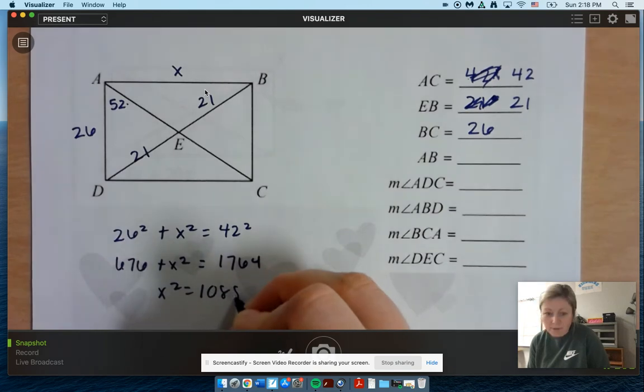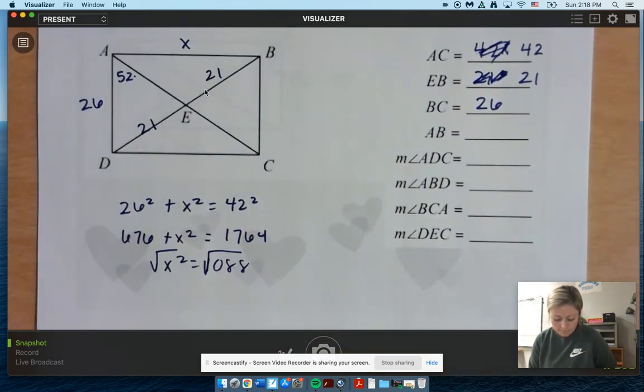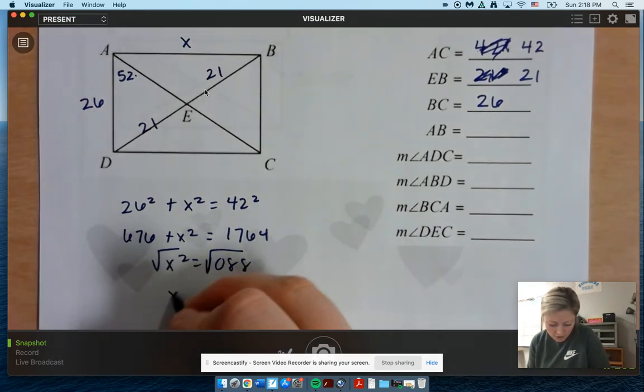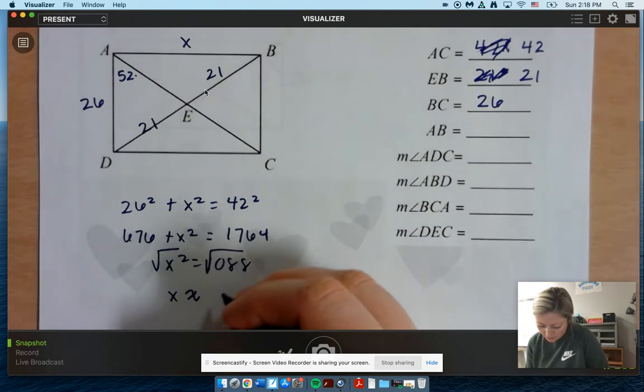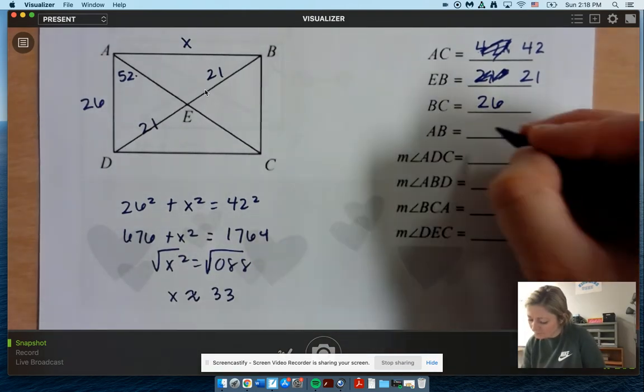And again, our last step is to take that square root. And we should get approximately 32.98. So we'll just approximate to 33. That's close enough. So 33.